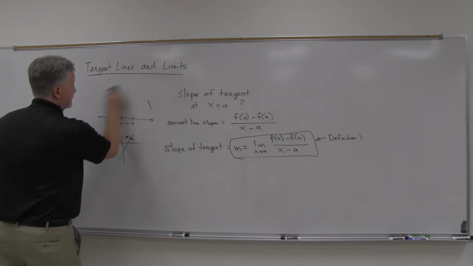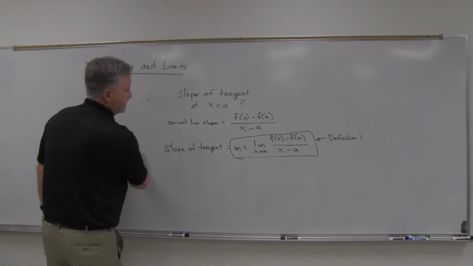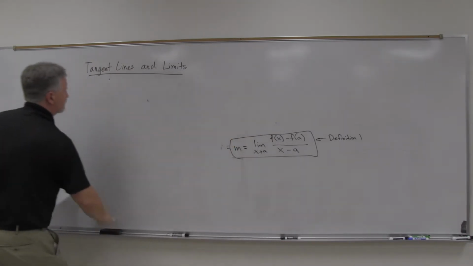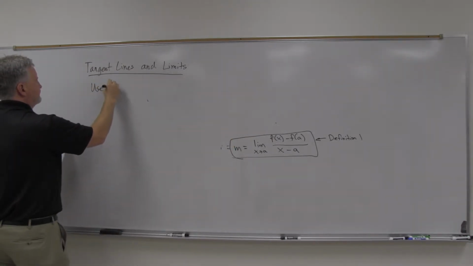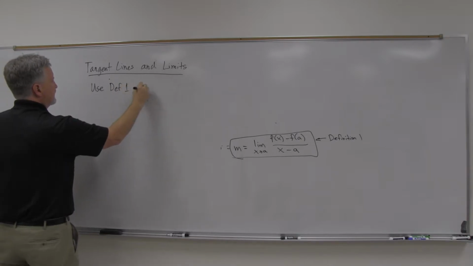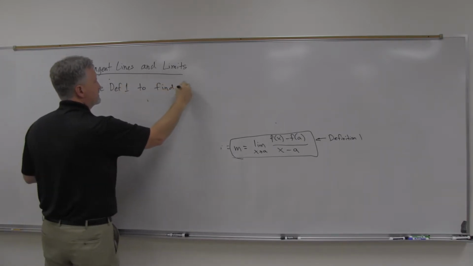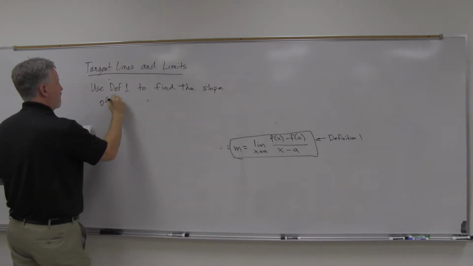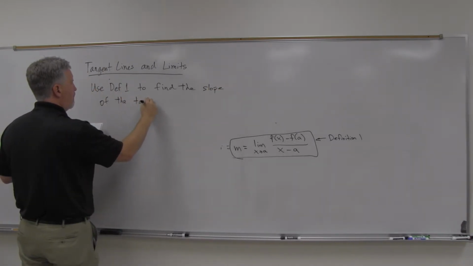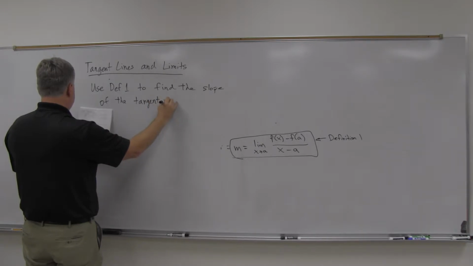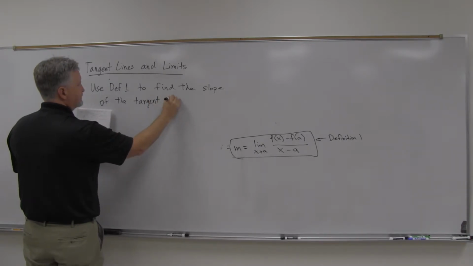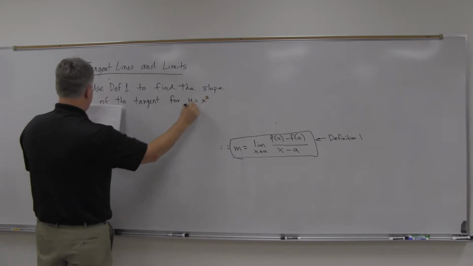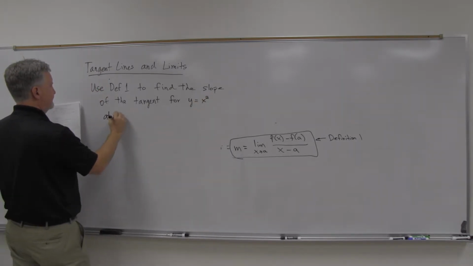So let's just use definition 1 to find the slope of the tangent for y equals x squared at the point (3, 9).